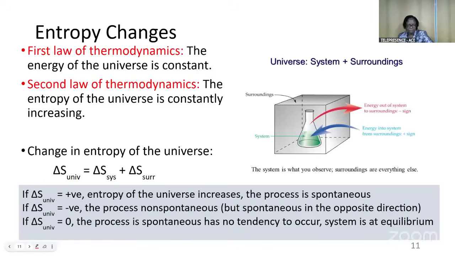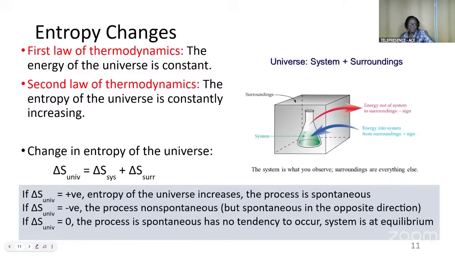So still talking about entropy change, there are some changes that we must acknowledge take place. And that takes me back to the second law of thermodynamics. As I stated earlier on, a system will tend naturally to higher entropy.